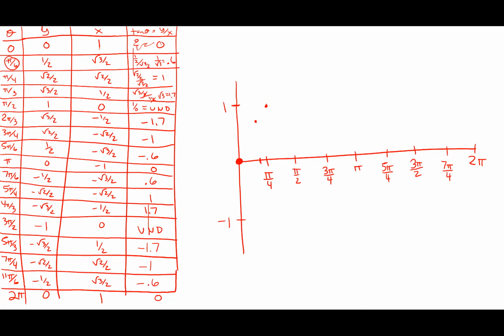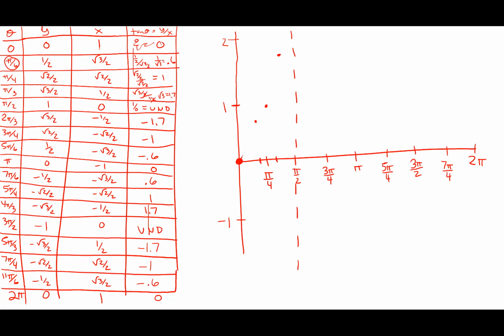And at pi over 3, which is about right there, it's actually 1.7. If that's 1, 2 is all the way up here. It's actually up here. And then what happens at pi over 2? It's undefined. The way we say undefined in algebra, hopefully you did this as well, you make these little dashed lines coming straight down, saying there's going to be a break in my graph. So the question is, what does this tangent function look like? Where does it go? How does it never reach pi over 2?